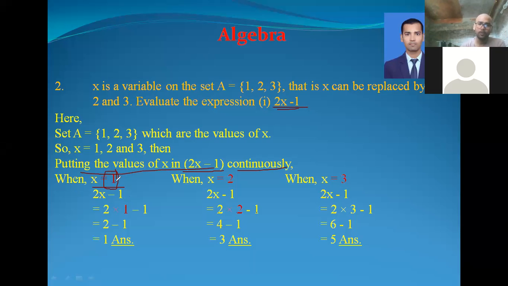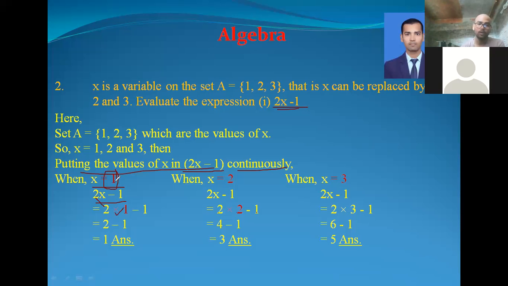So when x is equal to 1, while putting the value of x, first 1, in the expression 2x minus 1, between 2 and x there is no sign, that's why 2 is copied here, and because of no sign we have written multiplication, and the value of x is 1.